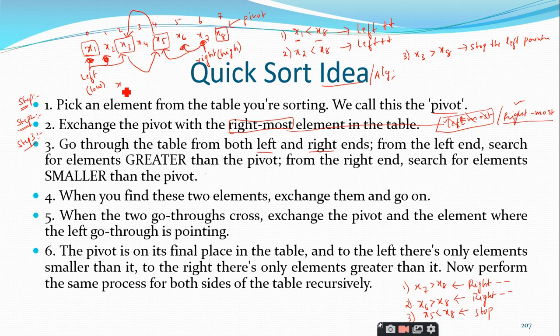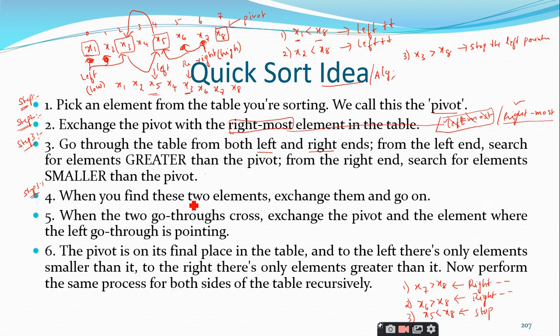After this, x3 and x5 have been swapped. Here I get x5, next x4, next x3, x6, x7 and x8. After this, my left pointer is still pointing here and my right pointer is pointing here. Again you continue the process, and next this is also completed, step 3.1.